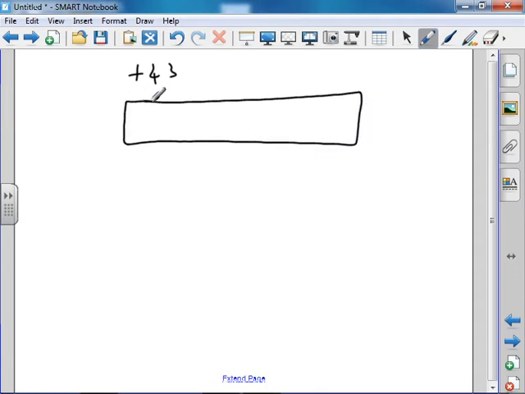It is the equivalent binary number, 101011. You just divide this 43 by 2 repeatedly and you will get this answer. So here this bit is empty, so you make it 0.